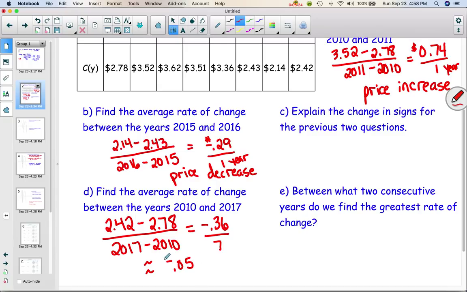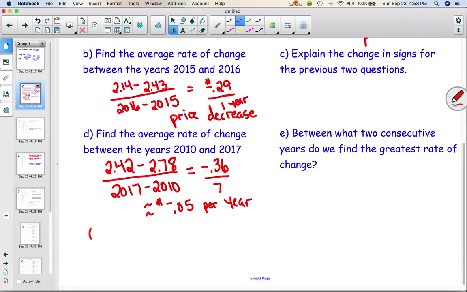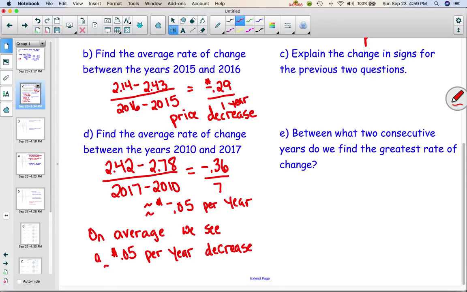Since I'm dealing with money, as a matter of fact, I'm going to write this a little better, that on average, we see a 5-cent per year decrease from 2010 to 2017.